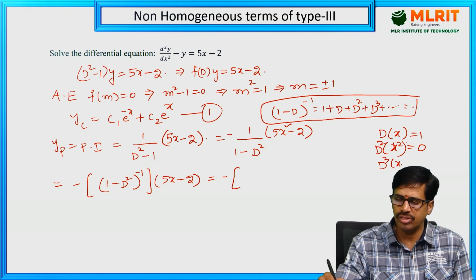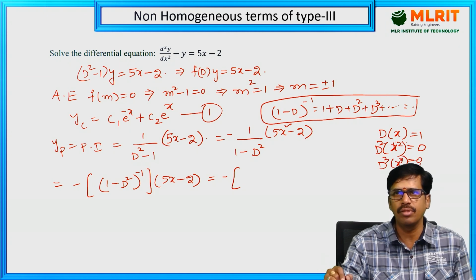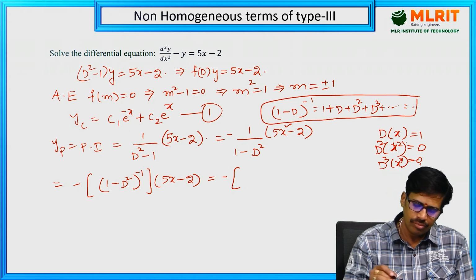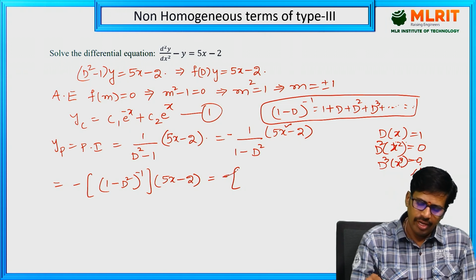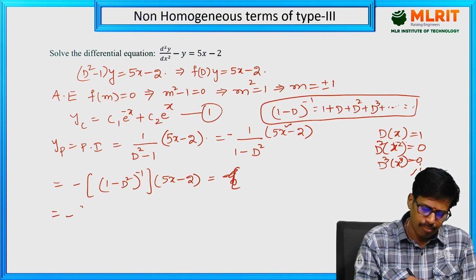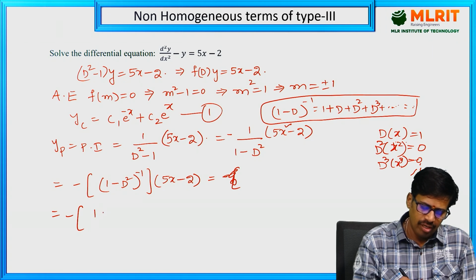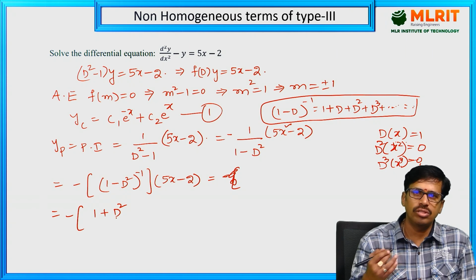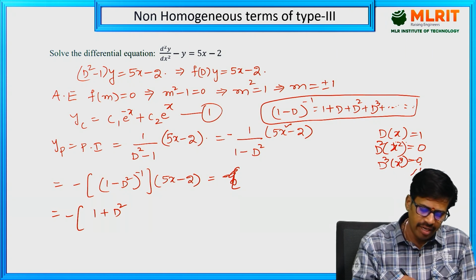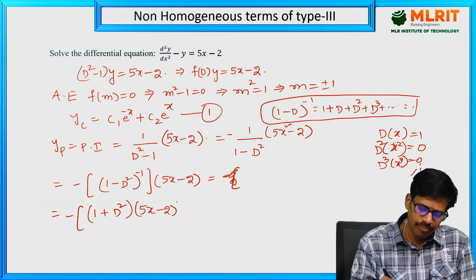D cube of x cube means 0, and all higher order derivatives will become 0. So we get this as minus of 1 plus D square plus (D square) whole square plus (D square) whole power 3, and all higher order derivatives will become 0. So write only up to here.